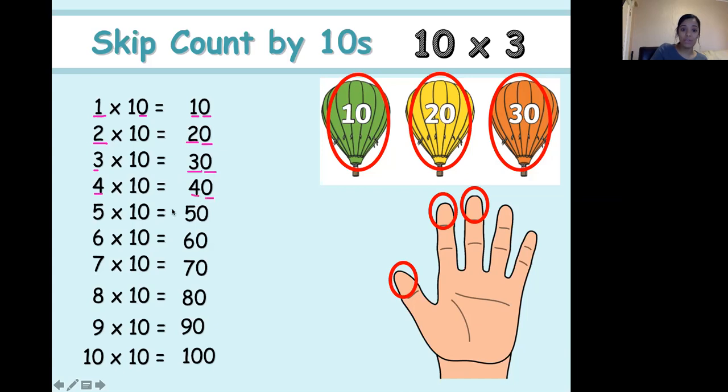The 4 with the 0, 5 with the 0, 6 with the 0. I can hear you guys even saying it at home. The 7 with the 0, 8 with the 0, the 9 with a 0. And even the 10 with a 0. That's another way to remember to do your tens times table, okay? And it's a quicker way to be able to do that, all right? So well done.